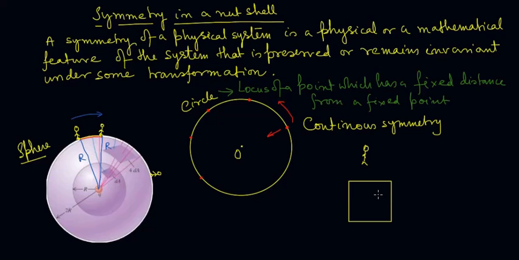Now if you rotate the square, this is all about the previous continuous symmetry. Let's see this.